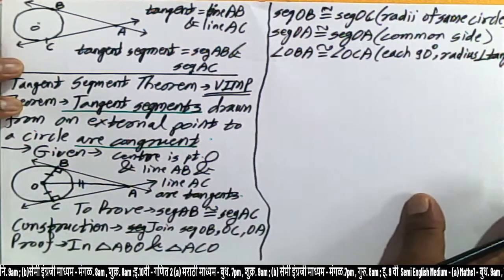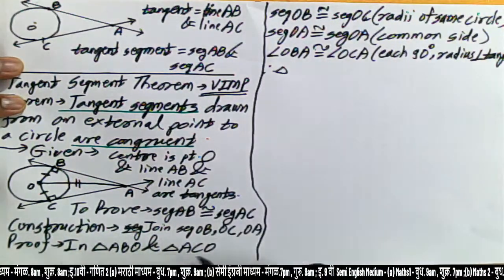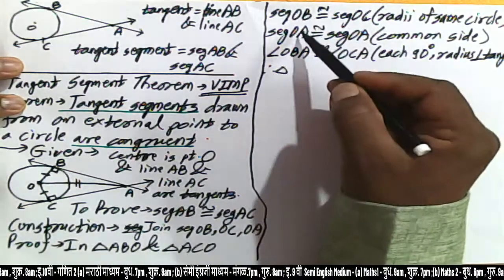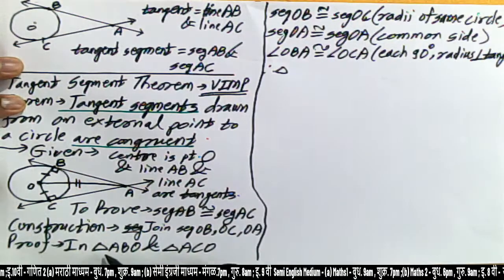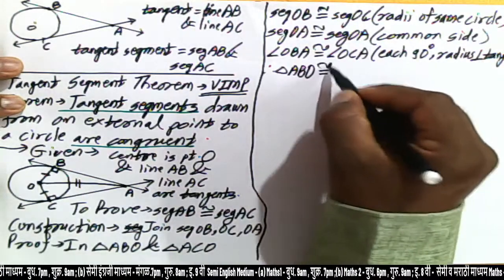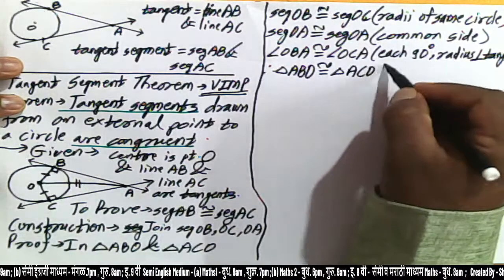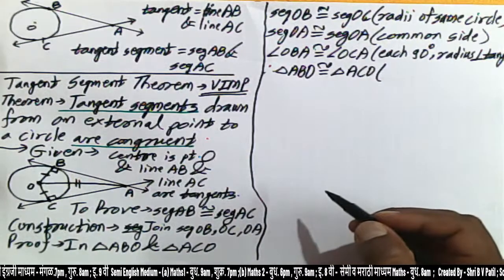Therefore, two triangles are congruent: triangle ABO congruent to triangle ACO.